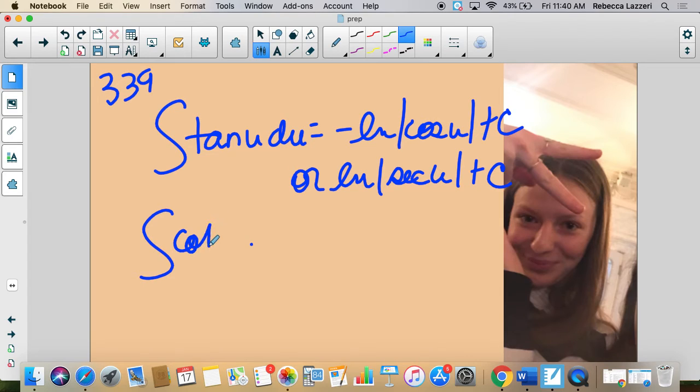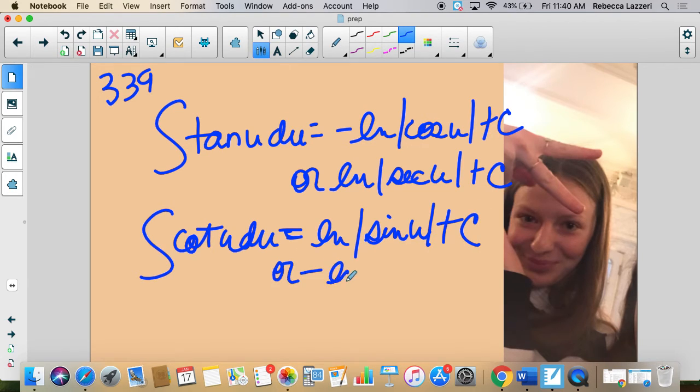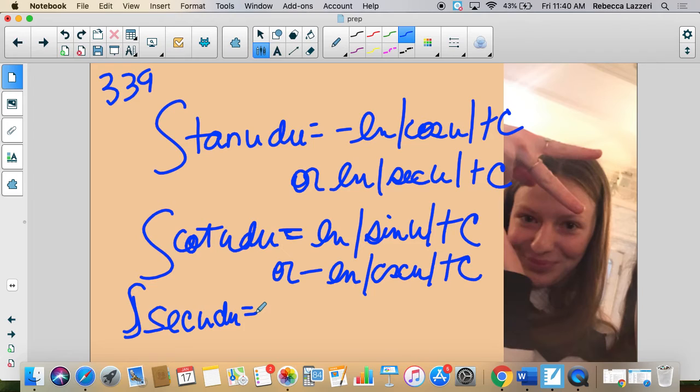The integral of cotangent u du is ln sine u, or negative ln cosecant u plus c. When you don't have multiple choice or anything, you can pick whichever one you like. The integral of secant u is ln secant u plus tangent u plus c.